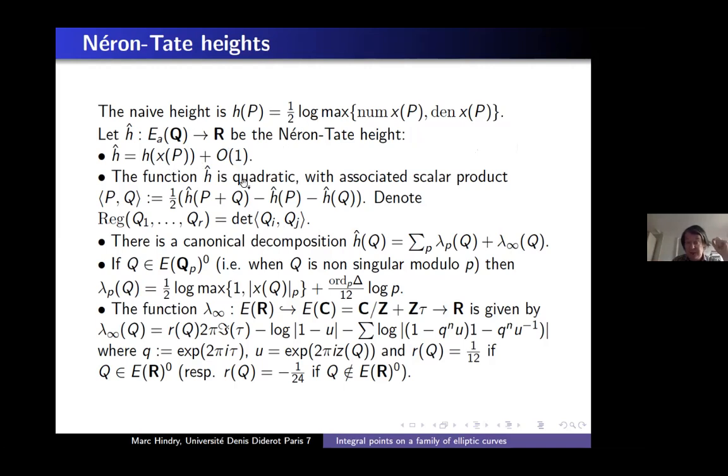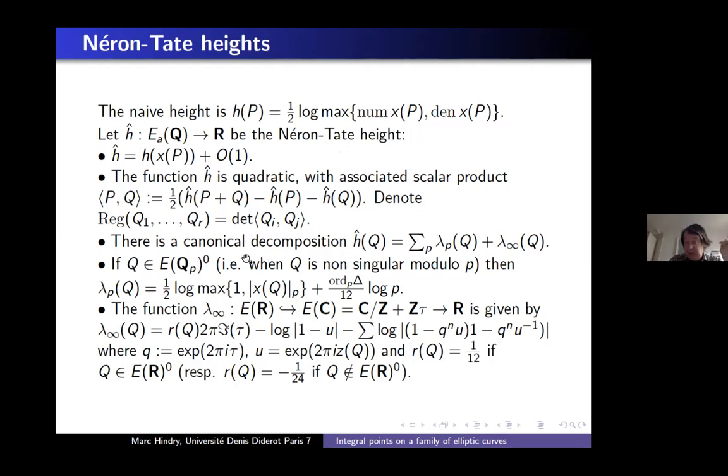You only have to modify the naive height slightly, and you get a quadratic function. With this quadratic function, you can define a scalar product, and the regulator of a bunch of points is just the Gram determinant of the scalar product of the points. That's for the global Néron-Tate height.